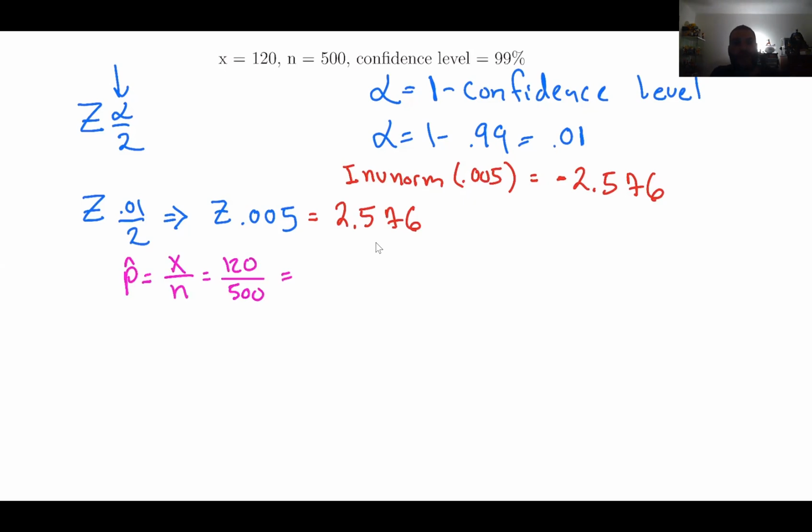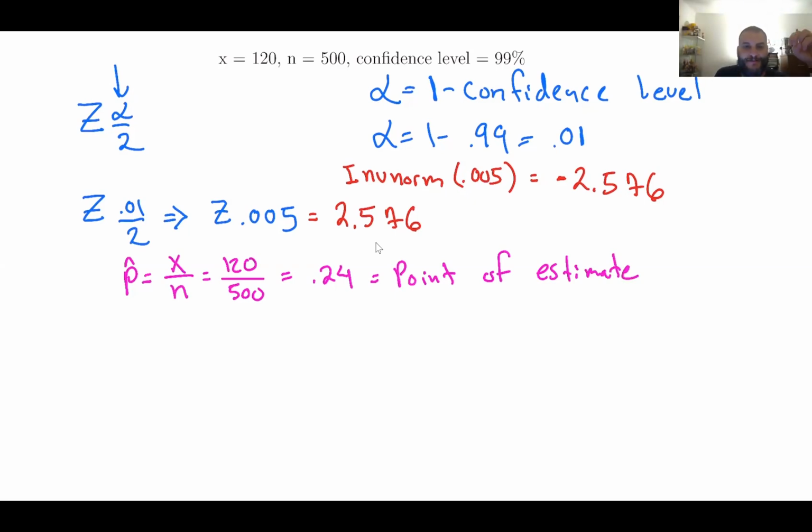So let's do 120 divided by 500. What do we get? There you go, 0.24. So remember, this is my point estimate. All right, so that's your point estimate.